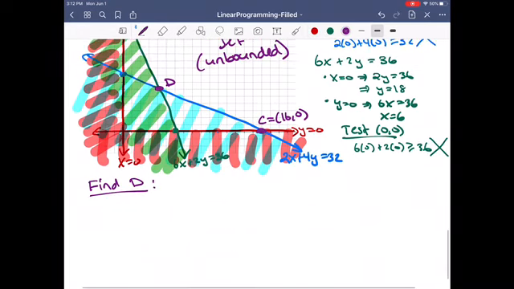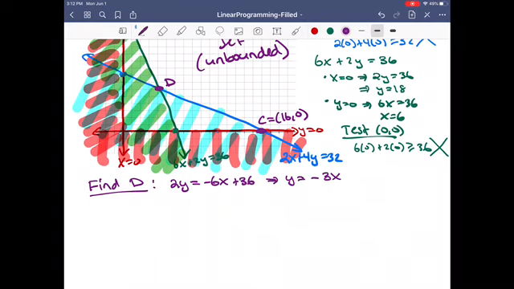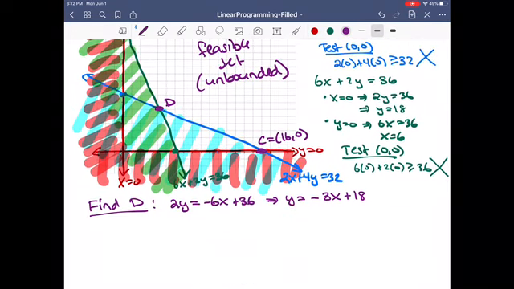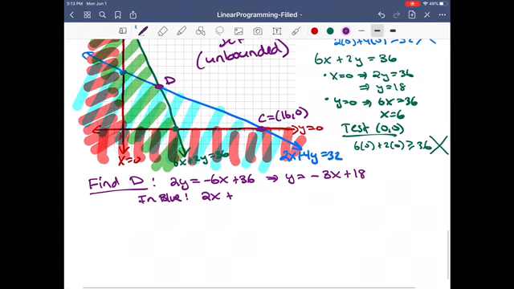I'm going to take, let's say, the green one. So 2y is negative 6x plus 36, which means that y is negative 3x plus 18. Plug it into the blue equation. I get 2x plus 4 times y, so 4 times (negative 3x plus 18) should be 32.